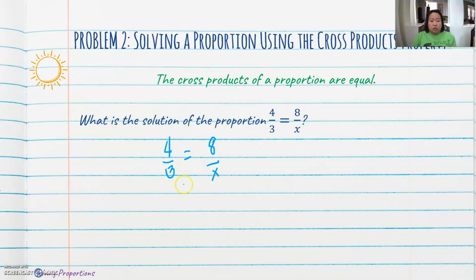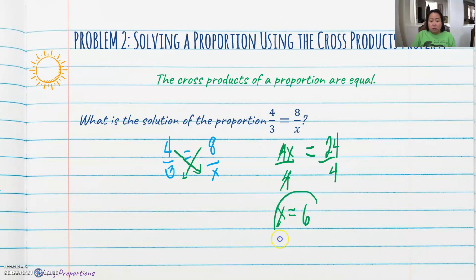So we are talking about the product of 4 and x, which is 4x, and that should be equal to the product of 8 and 3, which is 24. To solve for our variable x, which is attached to multiply by 4, we simply divide by 4 to cancel it. 24 is also divided by 4, and so x is equal to 6.